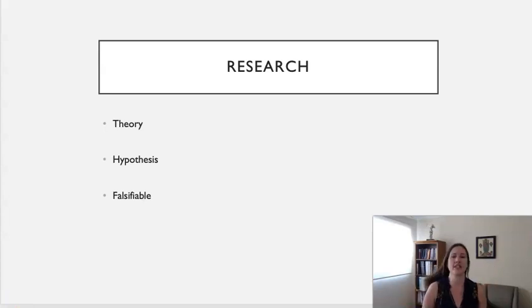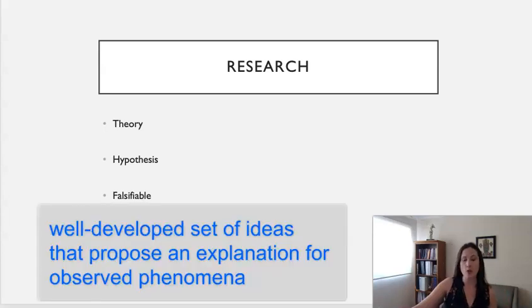You also need to know the difference between theories, hypotheses, and making sure a hypothesis is falsifiable. So, first, theory. A theory is a well-developed set of ideas that propose an explanation for observed phenomena.